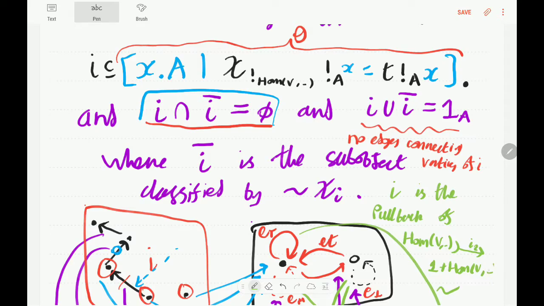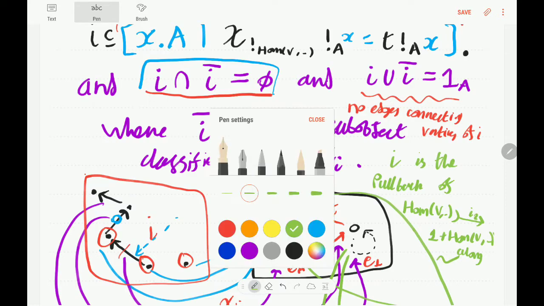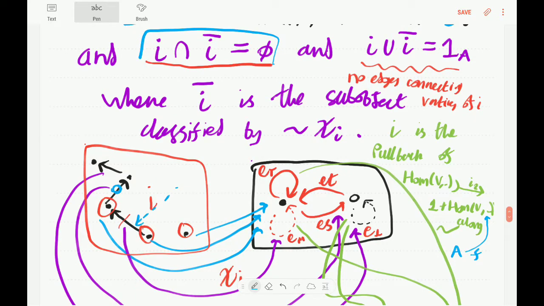It's the pullback of that along some arrow f from A to 1 plus hom v, blank. So it's basically saying it's a load of stuff that can get sent to a vertex.